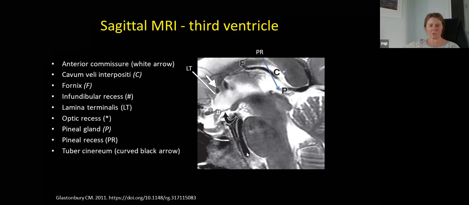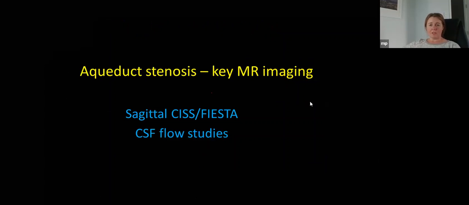So on T2 imaging, the arteries show up as black, or what we call in our reports flow voids, so normal major vascular flow voids. And of course this can be arterial or venous. So here are the further venous structures. So your key assessment, if you've got somebody with aqueduct stenosis, you want to do a heavily T2 weighted image.